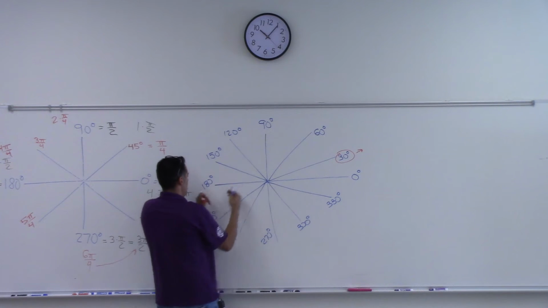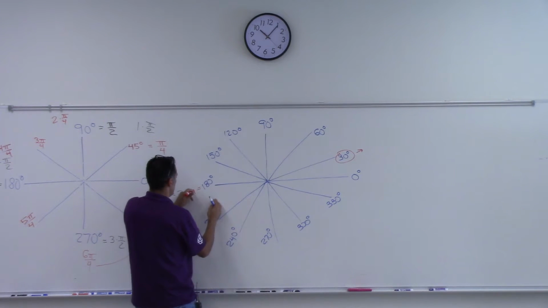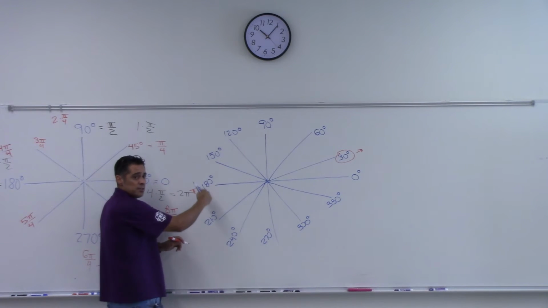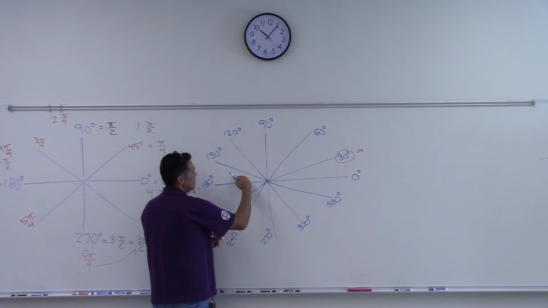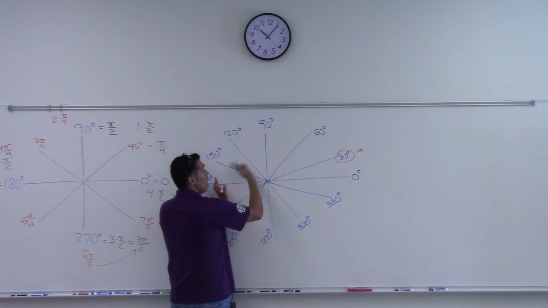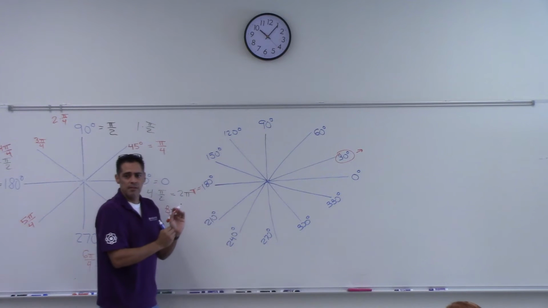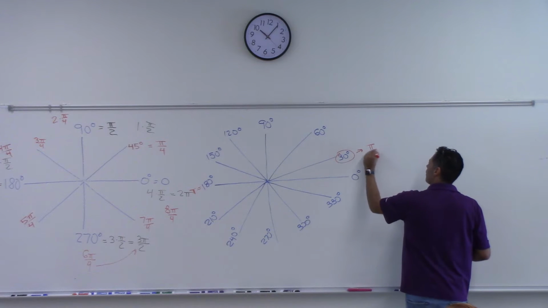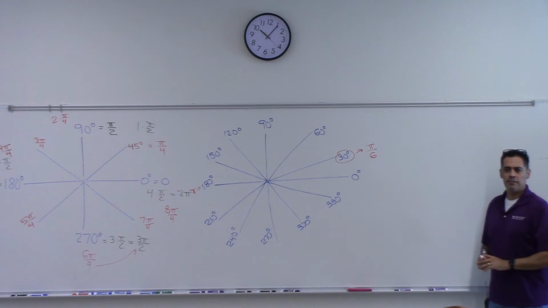Like from here to here, we already know that this is pi. Half rotation's pi, and we've cut that into how many pieces? This top half is cut into 1, 2, 3, 4, 5, 6 equal pieces, yes? So this should be 1/6 of that pi. Pi over 6.